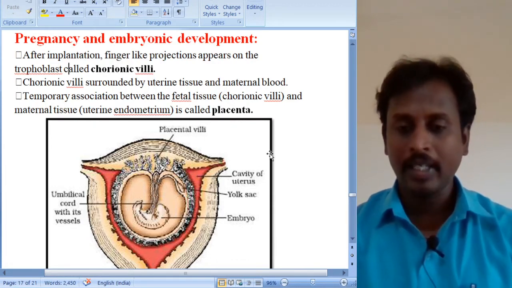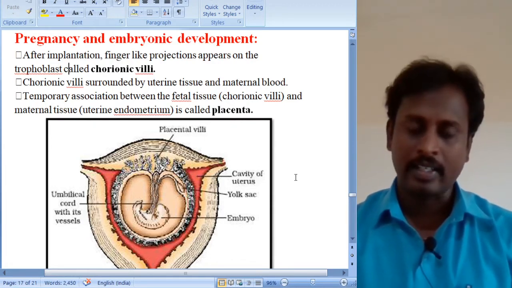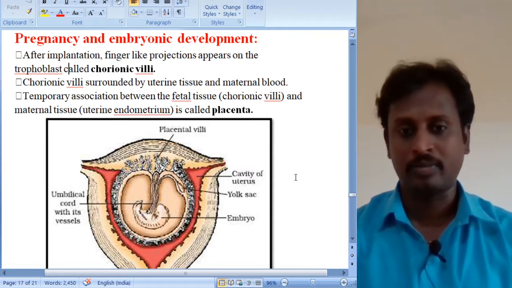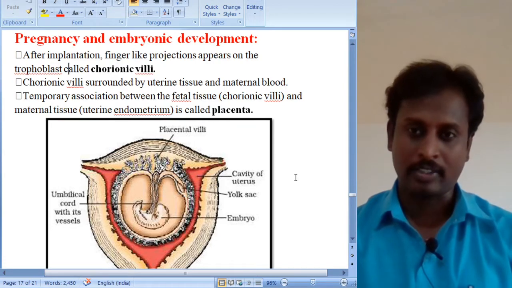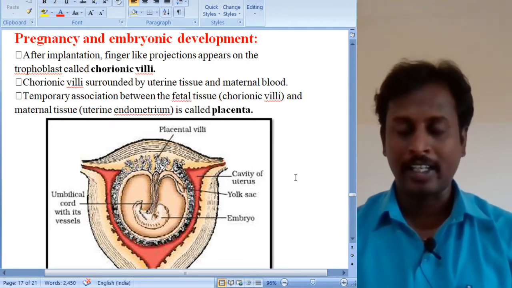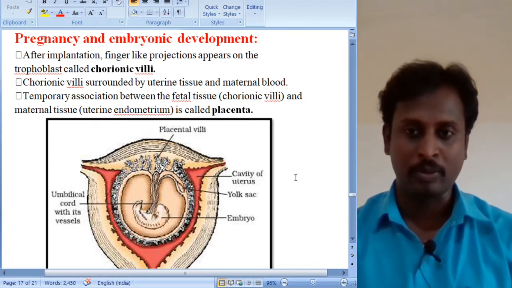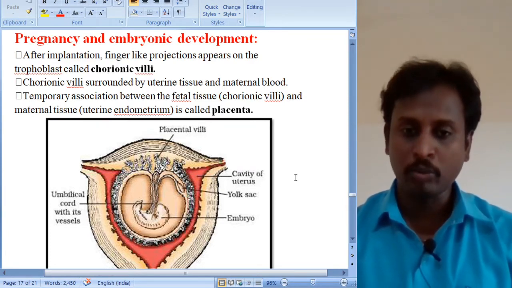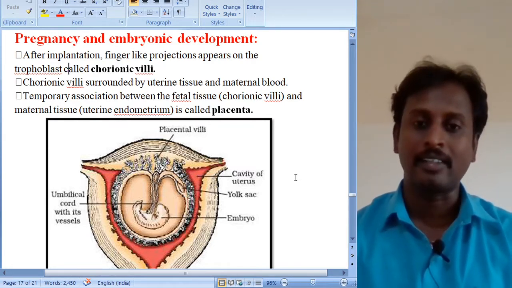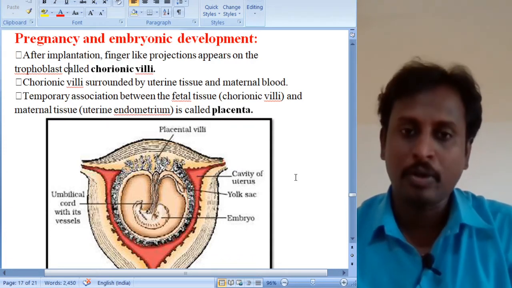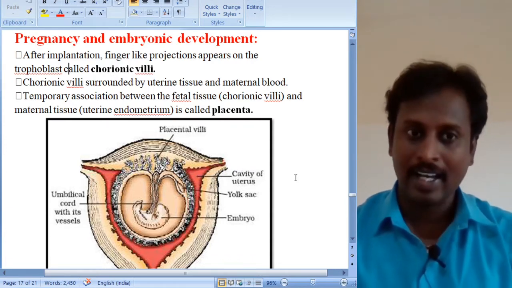Okay, and meanwhile the placenta is also acting as a type of endocrine gland. Endocrine means they are able to secrete some hormones. What type of hormones are they secreting? The human chorionic gonadotropin, human placental lactogen, estrogen, progesterone, and relaxin.